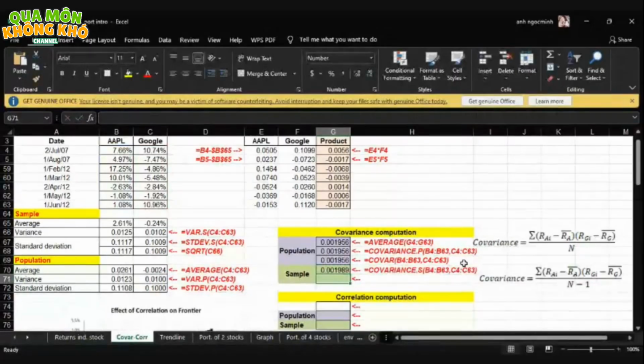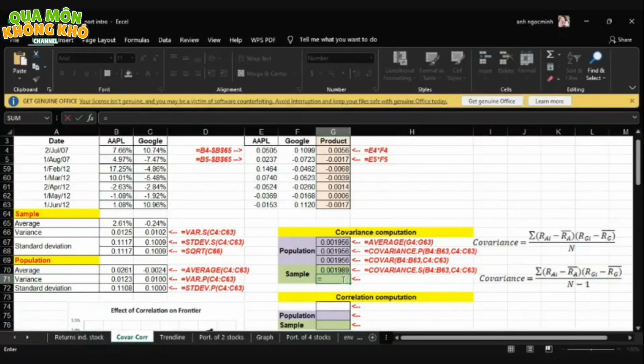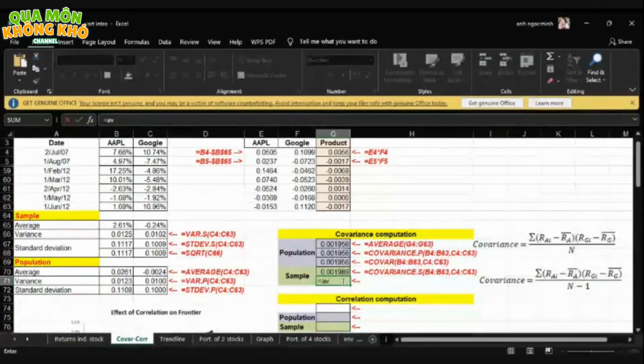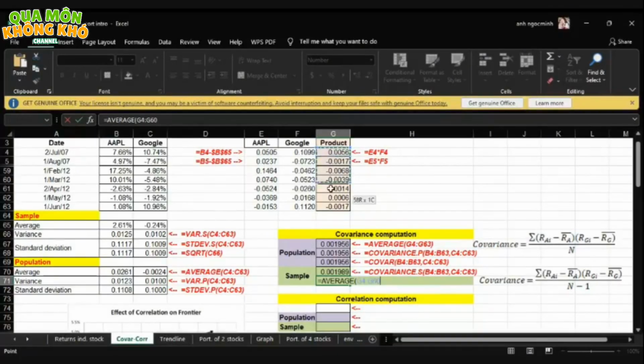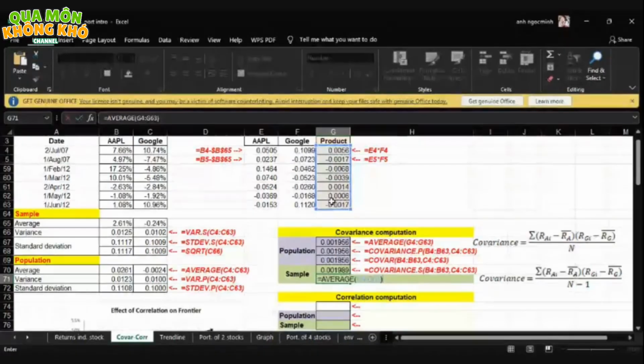And for the normal way, here is the equation for covariance sample. We have divided by n minus 1, and because the average function included the value of n, we have to multiply with n.